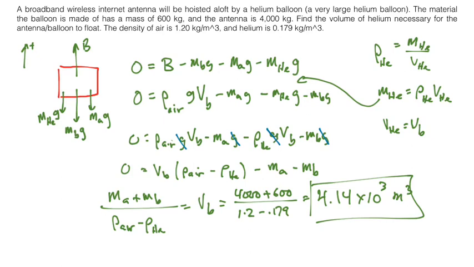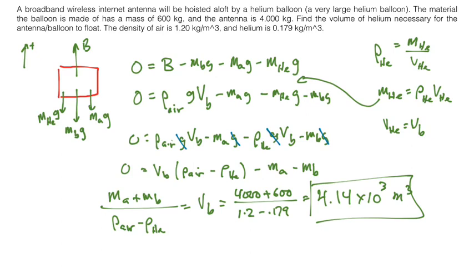4,000 cubic meters approximately of helium required. That's a lot of sad clowns and dollar stores that don't have helium. But how much is that? This room is approximately 10 by 10 by 3 meters. So how many cubic meters of air are there in this room? 300.